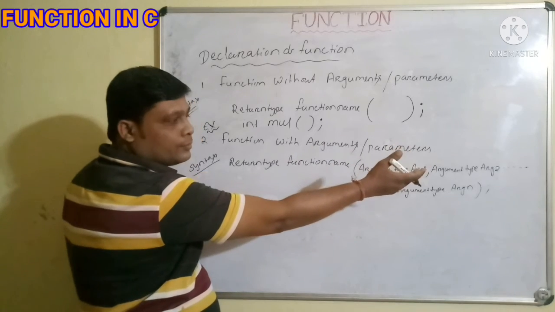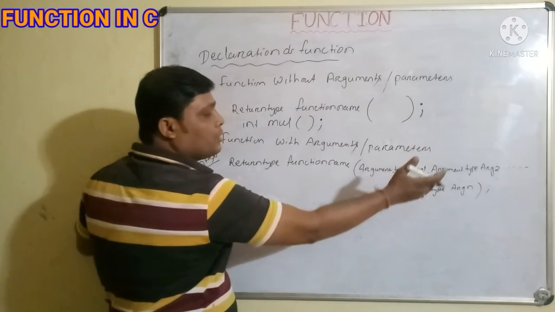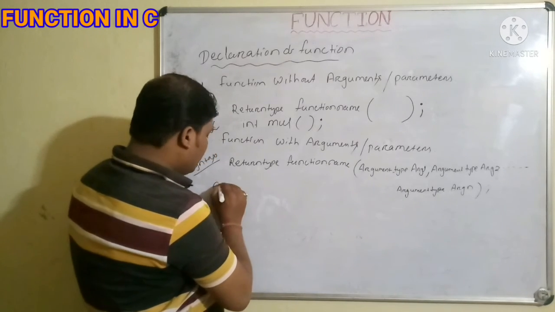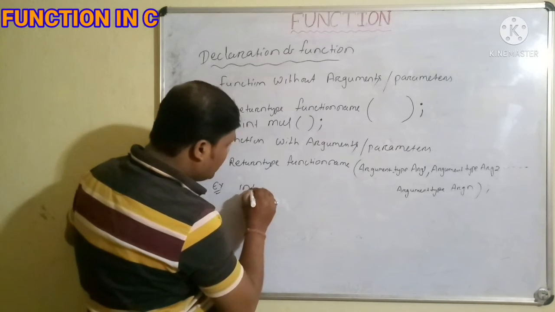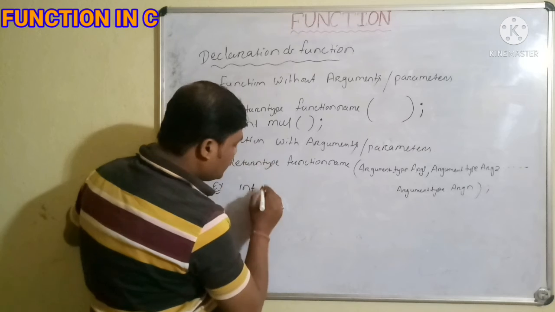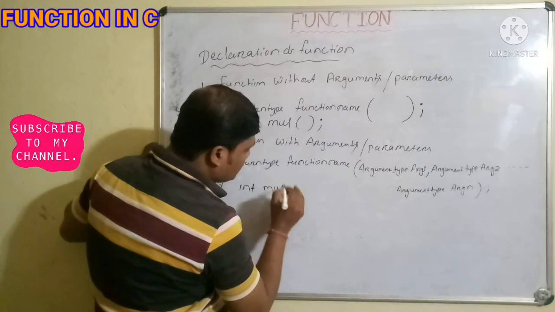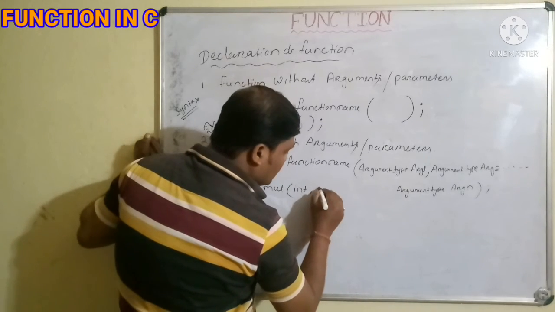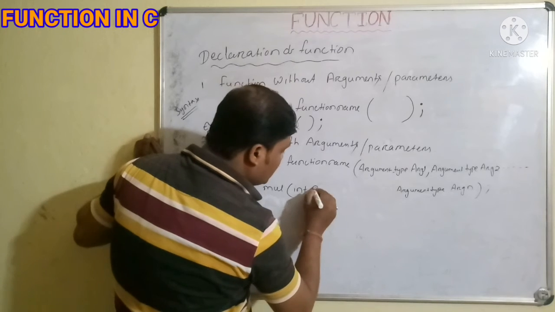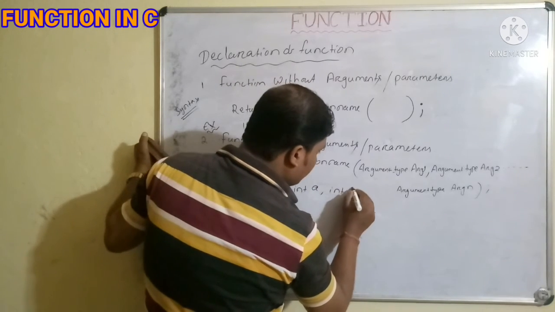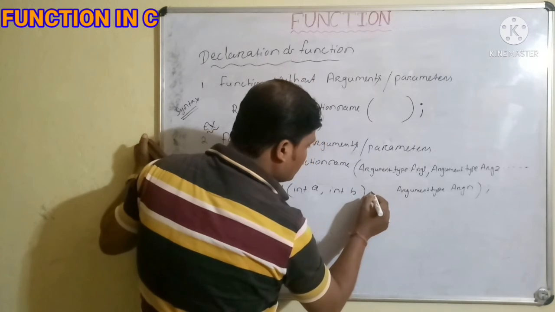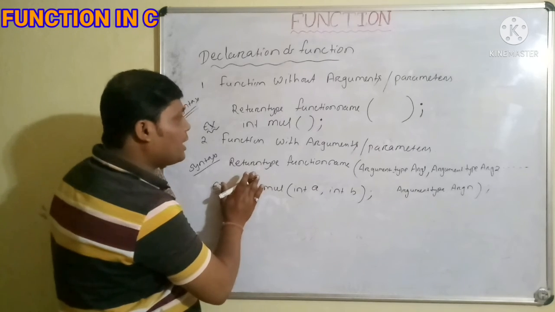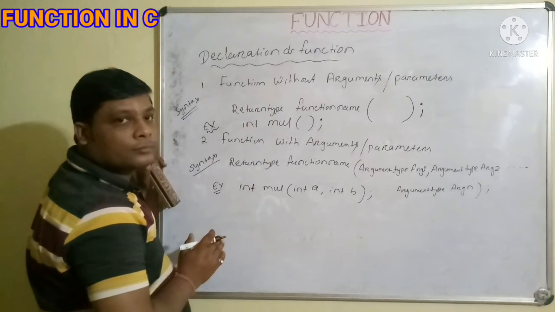You can pass multiple arguments like argument 1, argument 2, argument 3, but you have to give the argument type. For example, return type is integer, multiplication function I am taking, and arguments, suppose integer a, then integer b, like this. 2 arguments suppose I am passing. Okay. This is the declaration of a function.